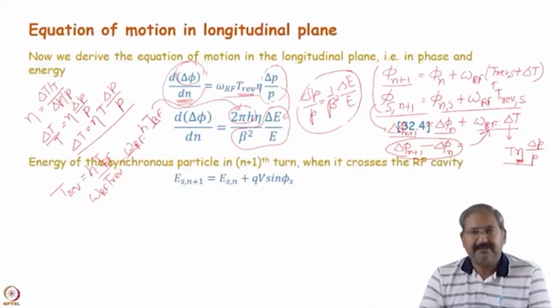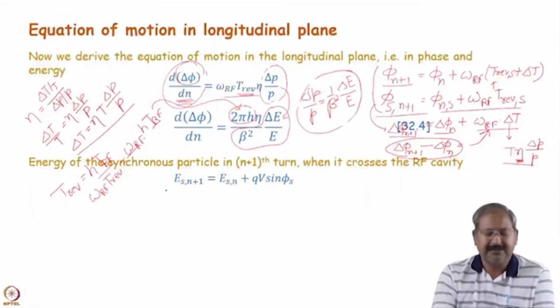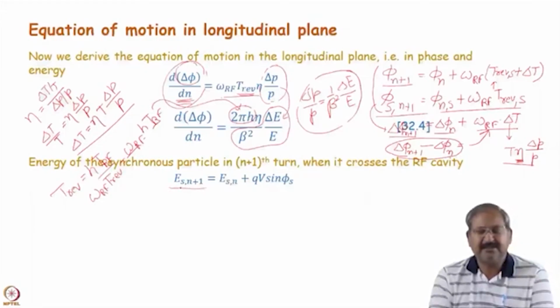As we have calculated the change in phase deviation with respect to each term, we also calculate the change in the energy deviation in one term, following a similar path. So in the n plus 1th term, the synchronous particle has the energy of the nth turn energy plus qV sin phi s.